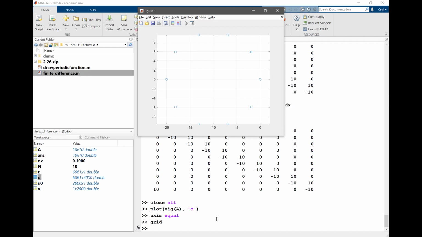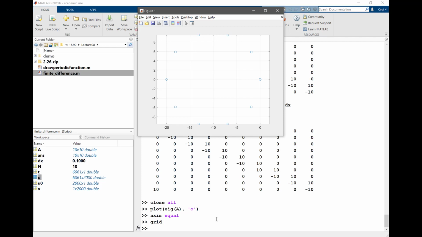What's the radius of the circle? It's 10, right? It's roughly 1 over delta x. And it is centered at -10 and 0. By the way, when I plot an array of complex numbers, I'm plotting the complex plane. So the x-axis is the real component of the eigenvalues, and the y-axis is the imaginary component of the eigenvalues.